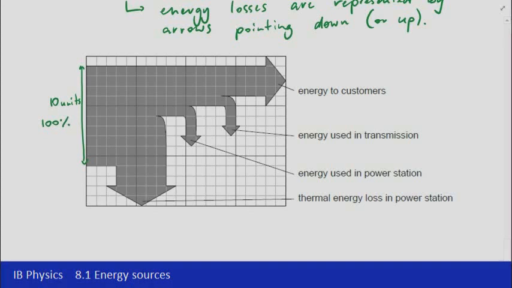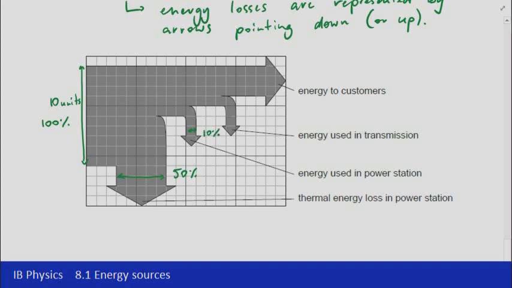And we can then start to break that down into these other components. So you can see the width of the arrow here for the first thermal energy loss in the power station is 5 units wide, so that represents a loss of 50% of the energy. Now, energy used in the power station, there's only one width of the arrow there, so that represents a 10% loss.